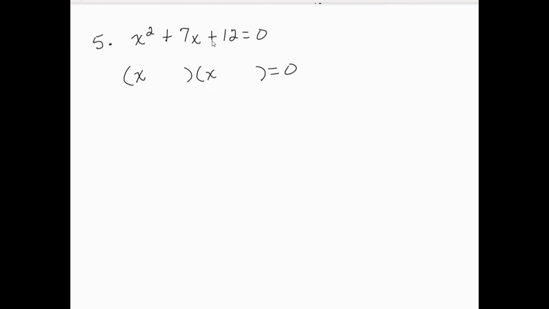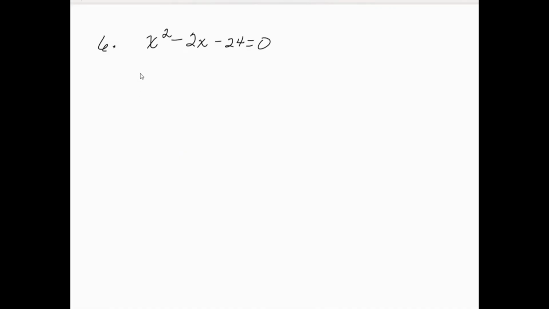So I want to say what multiplies to give me 12 and adds to give me a positive 7. Well, it's positive 3 and positive 4. Once I have that factored, I set each factor equal to 0 and solve. So x equals -3 and x equals -4 are my solutions.